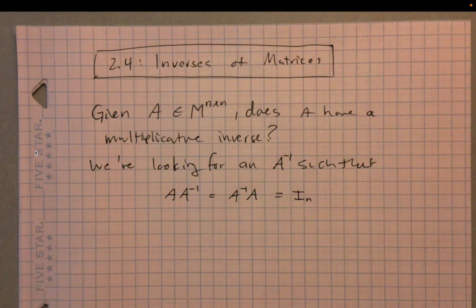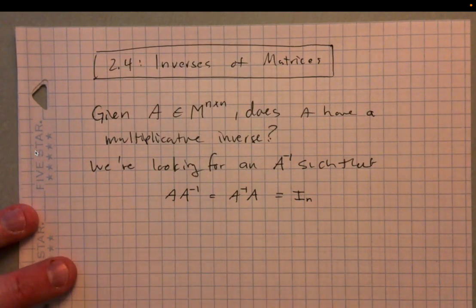Now, you may or may not have had an abstract algebra course, so you may or may not know what a multiplicative inverse is. The basic idea is it's some number that, when multiplied by, equals 1.